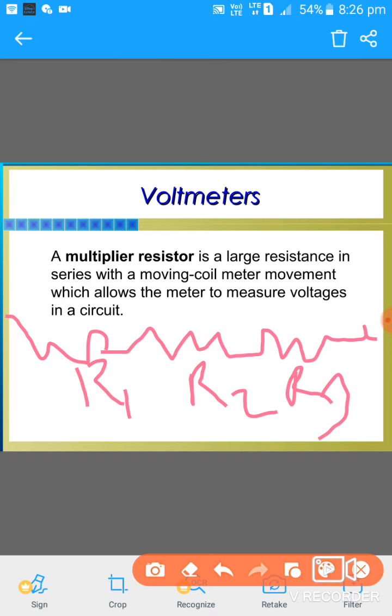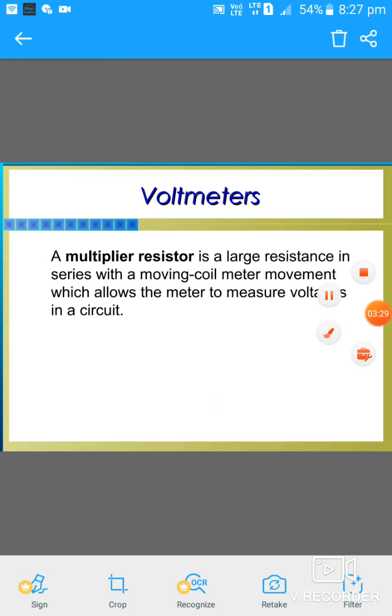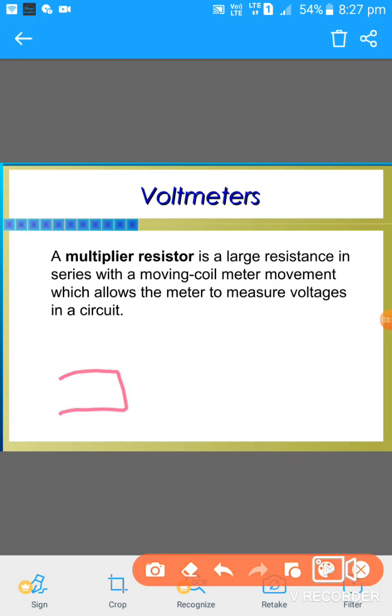In the previous class we discussed the moving coil. The circuit has a permanent magnet with a north pole and a south pole, and in between the north pole and south pole we connect a copper, aluminum or iron plate.